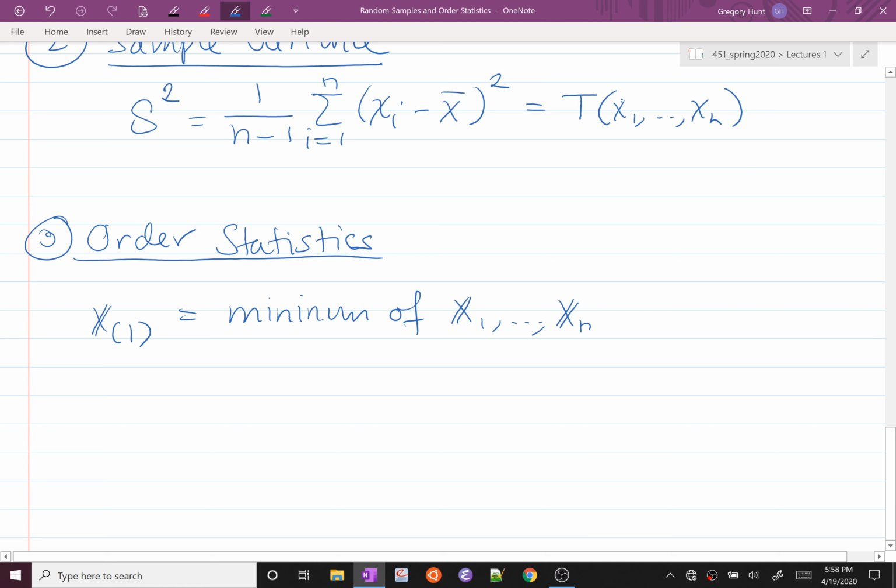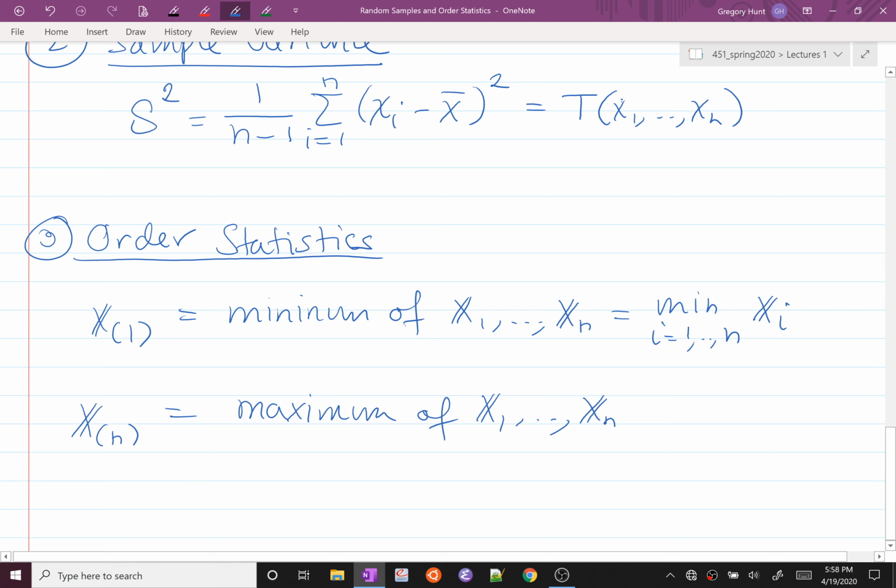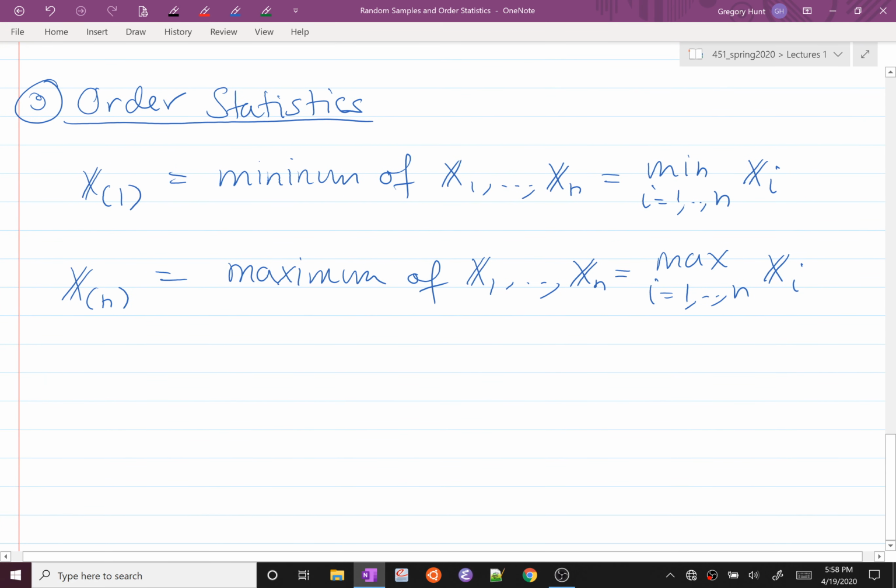We observe the n random variables and pick the smallest one. You could denote this as the min, i goes 1 to n, of x sub i. Another order statistic, x sub n, is going to be the maximum of all of the random variables in my random sample. You could denote this as the max, i goes 1 to n, of x sub i. So minimum and maximum are the two extremes of the order statistics.